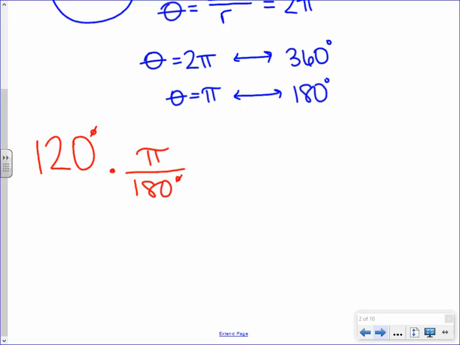The degrees then cancel out, and we can reduce this fraction. 120 over 180, ignore the pi for a little bit, reduces down to 12 over 18, which reduces down to, okay, so this is 2 pi over 3 radians.